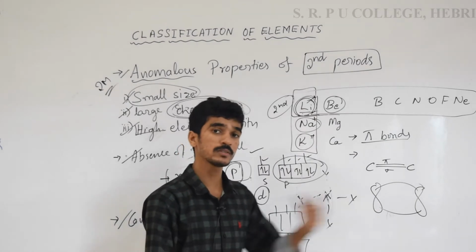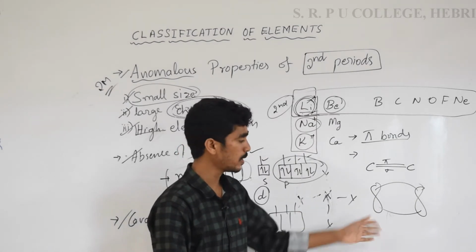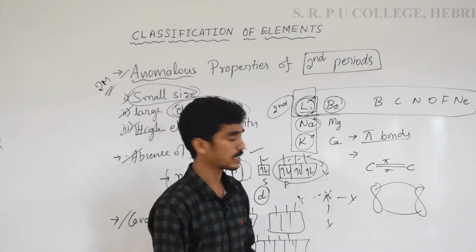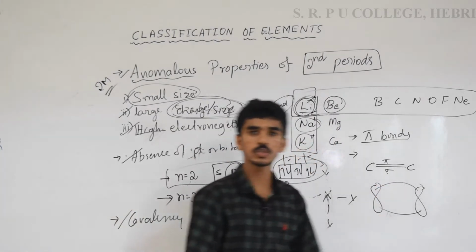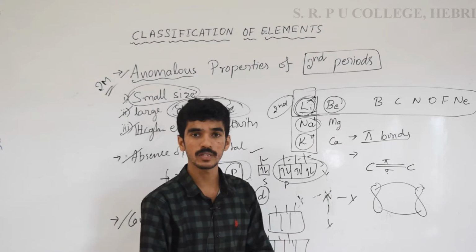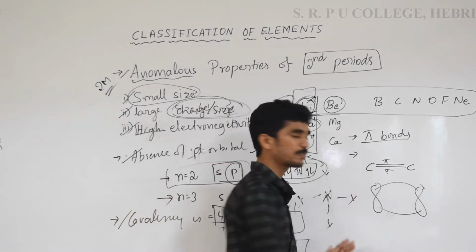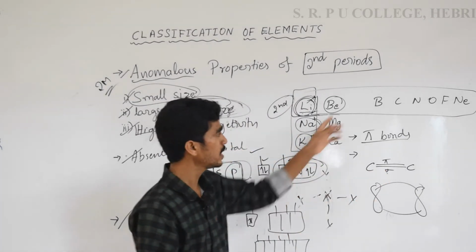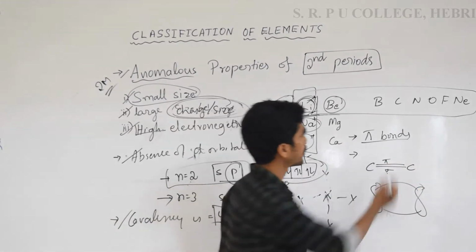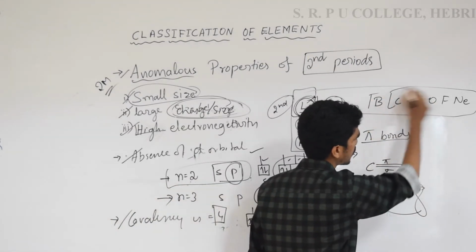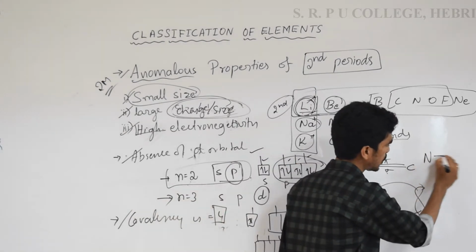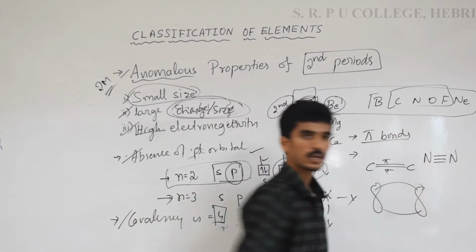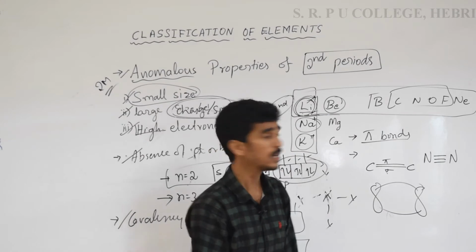We'll discuss that in the next class also. In the upcoming chapter we will discuss how the pi bond forms. The first bond should be a sigma bond, the second bond should be a pi bond, and this pi bond can form between second period elements only, for example carbon, nitrogen, oxygen. Nitrogen can also bond with a triple bond.